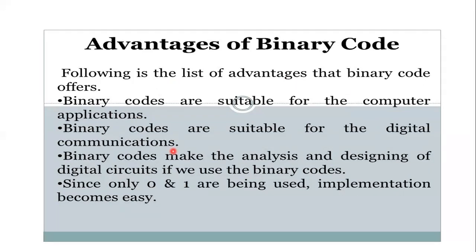So all the information is represented within the computer in the form of 0s and 1s. So it is much simpler. Reliability, and the computer operations are fast with two-state devices. So these are the major advantages of the binary number system.